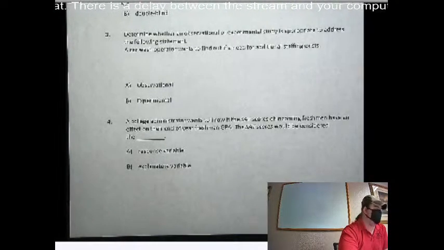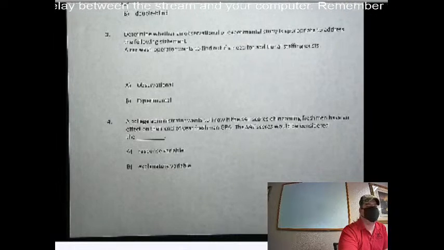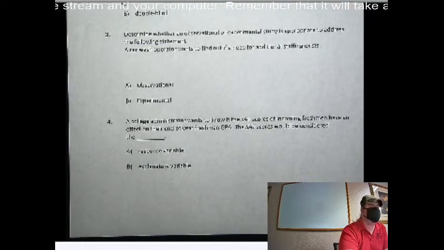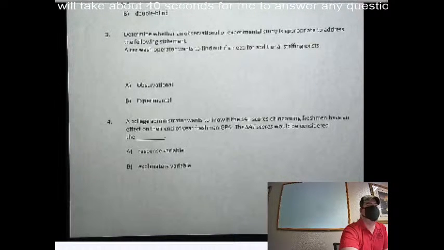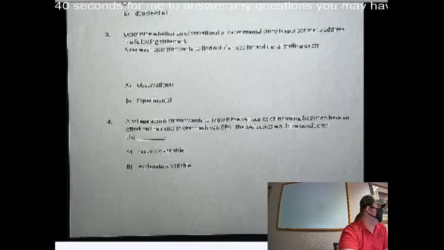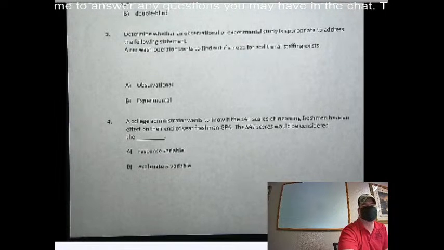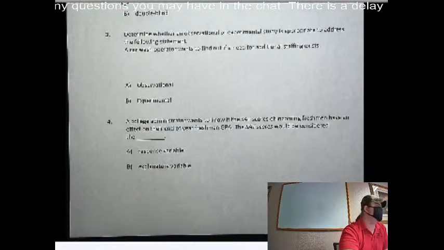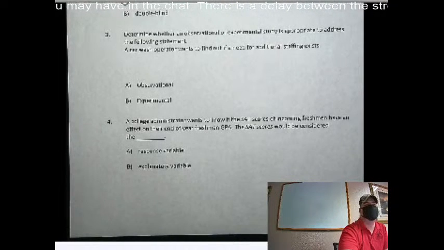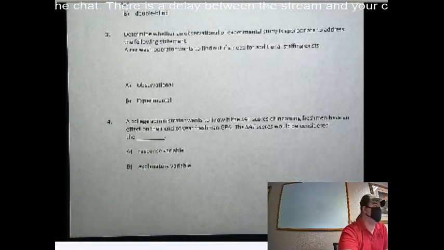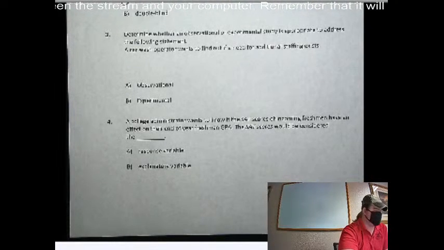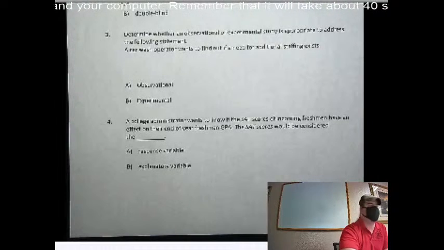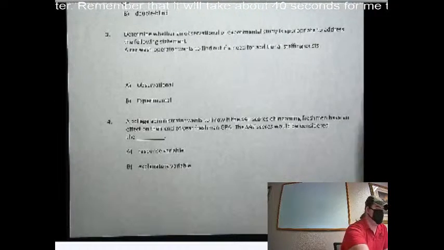Hire one more person and see if your volume increases, if your productivity increases, things like that. Although you could also just do an observational study and look at your current volume and your current productivity and compare it with previous months. Maybe you had more or fewer employees. So either one could be true. I would say experimental, but the case could be made for observational. So I'm going to throw this one out. It's just a free point for everybody. Okay.